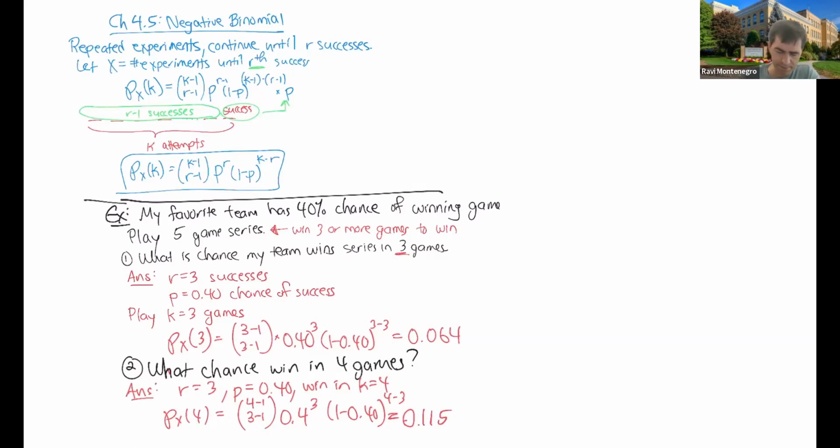And then, well, to win the series, you could take 5 games. So we still have a negative binomial case because we are playing the series until the 3rd success.